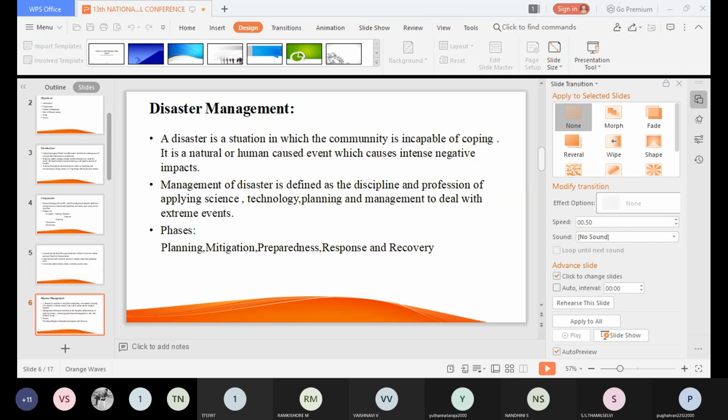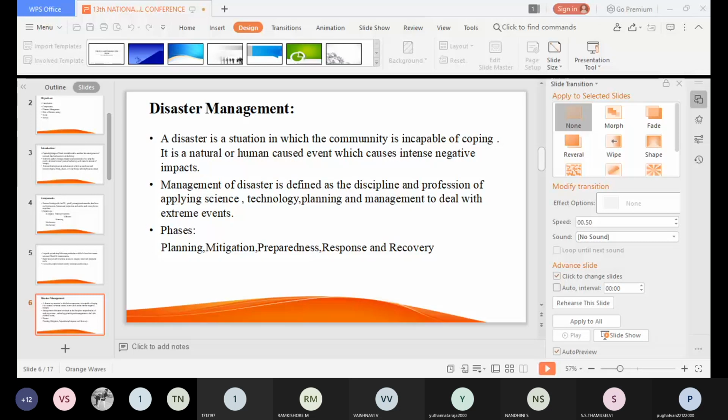A few phases are in the management. They are planning, mitigation, preparedness, response, and recovery. So by using remote sensing, we can handle this disaster management by taking the image of the particular area.